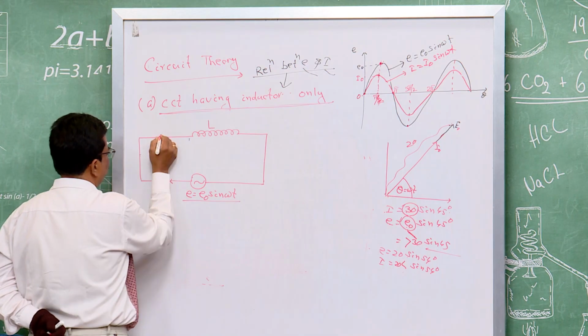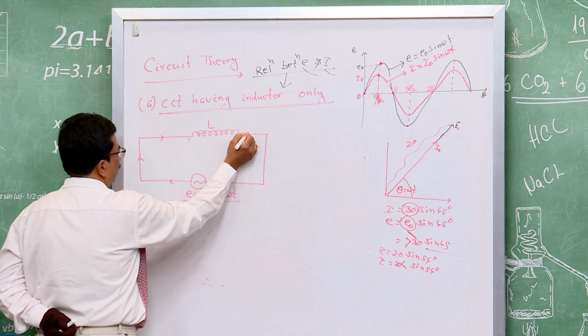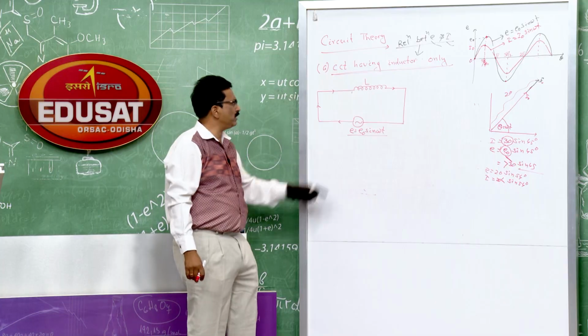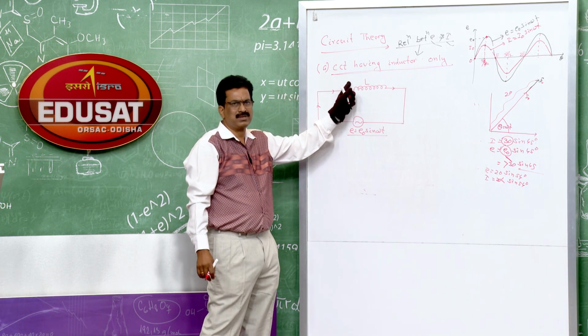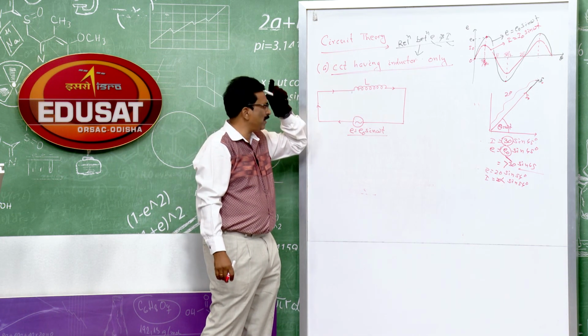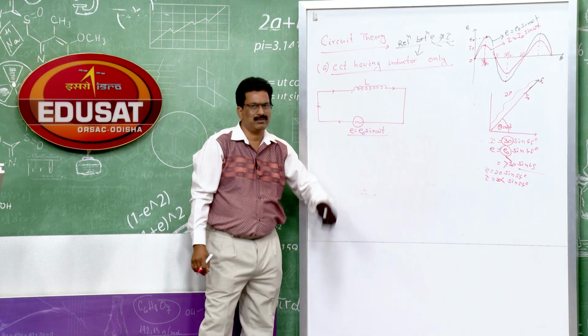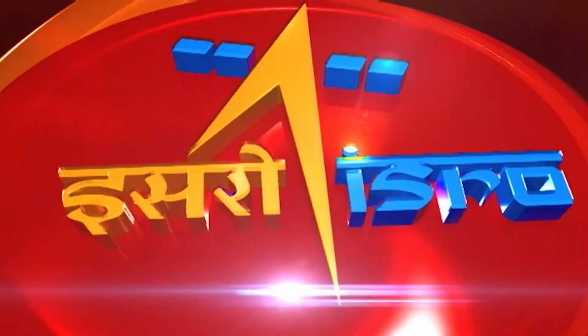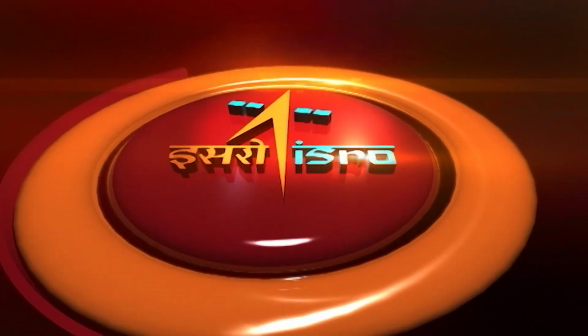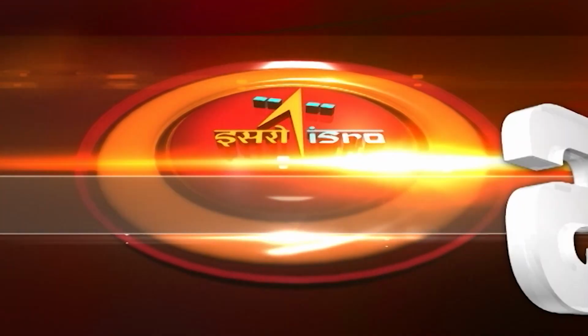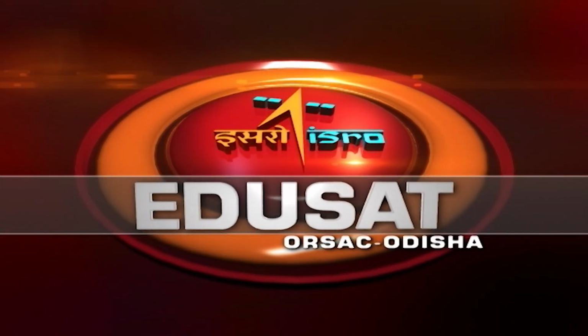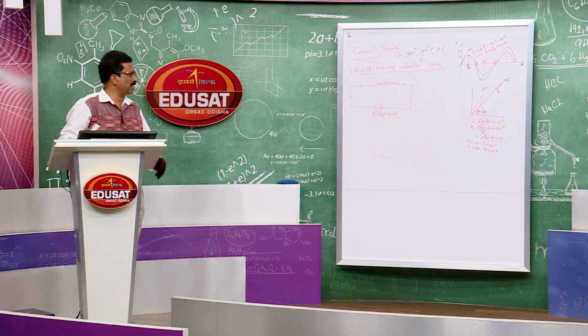So, when the current flows through this inductor, there will be some resistance, and we will calculate the value of that resistance. Let us now start.